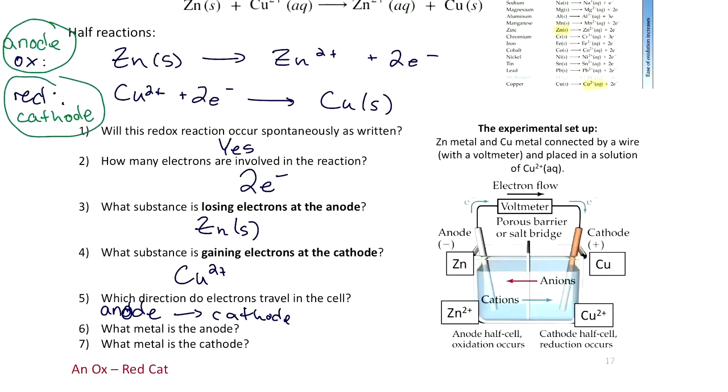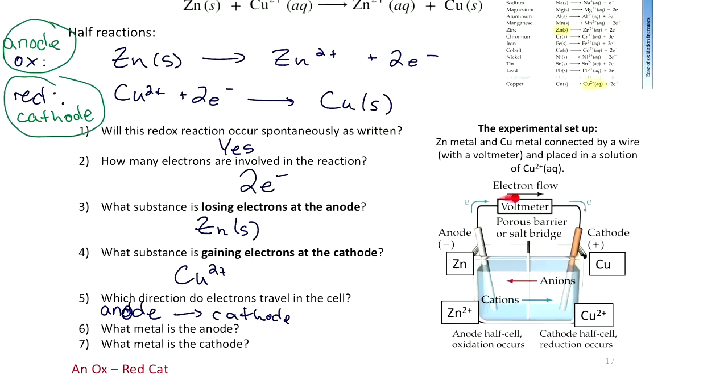All right, and so this is what the electrochemical cell will look like, where our anode is made out of zinc. That's what we said, oxidation at the anode. So we have a zinc metal rod sitting in a solution of zinc 2+, probably zinc chloride. And then on the other side, this is our cathode that is made of copper solid, and it's sitting in a vat of copper 2+.